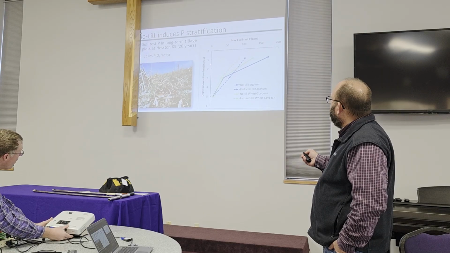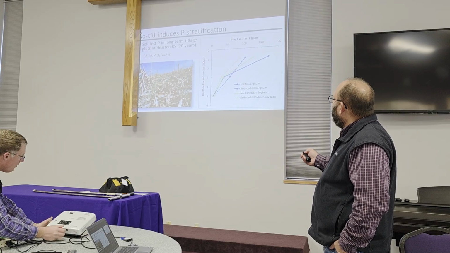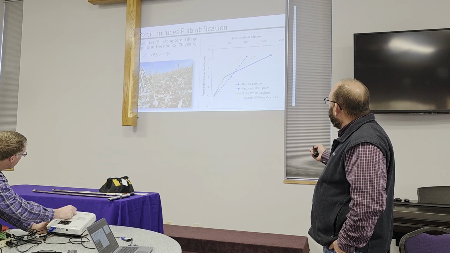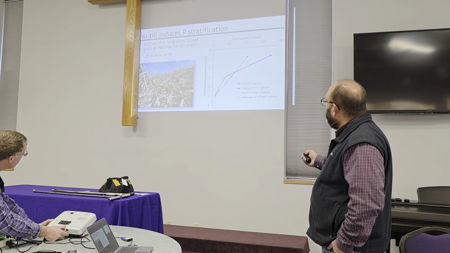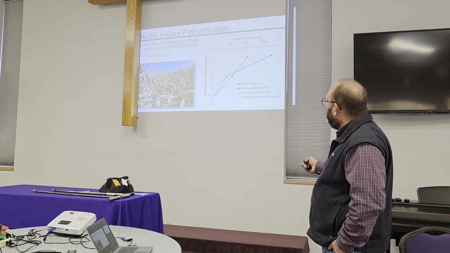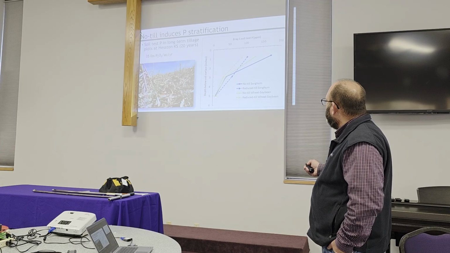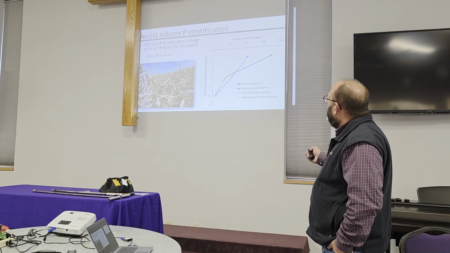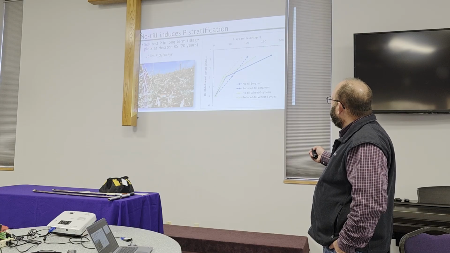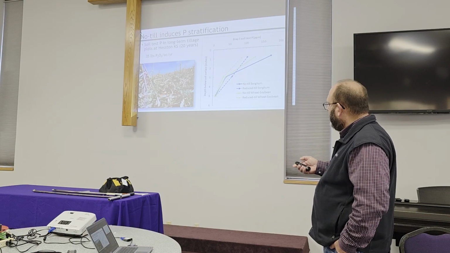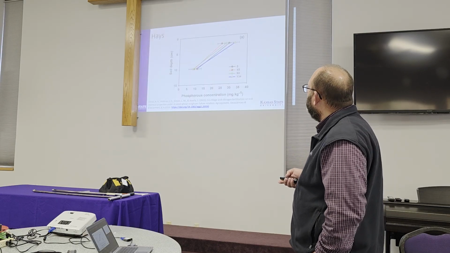Oh, thank you, Lucas. In that top 2 inches, and a little bit at that 2 to 4, and really no difference by the time we got to that 4 to 6 inch depth. Where they had reduced tillage, we still see some stratification, but it's certainly not as pronounced as the true no-till system.